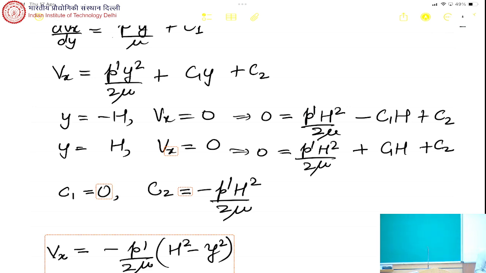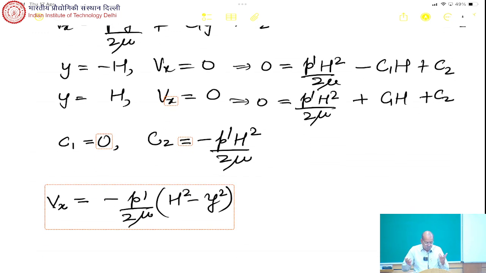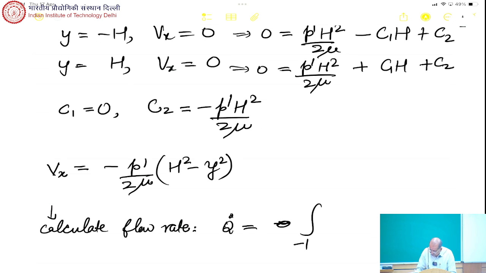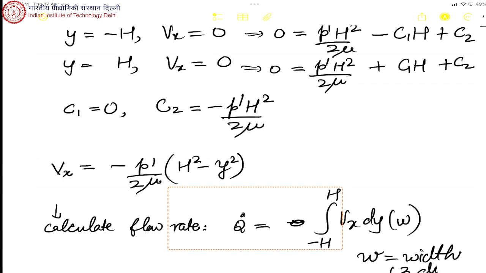Okay. So this is what we get for the velocity profile. Now from here we can calculate the flow rate. Flow rate Q dot will be equal to the integral from minus h to h of Vx dy into W, where W is the width of the channel, the Z dimension.